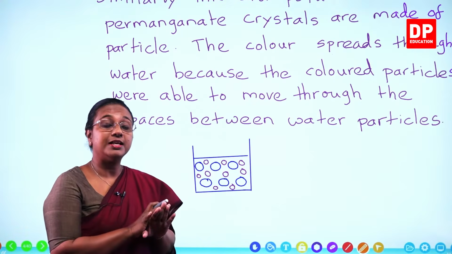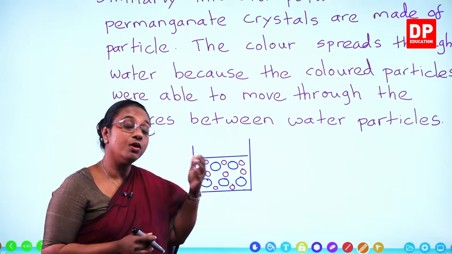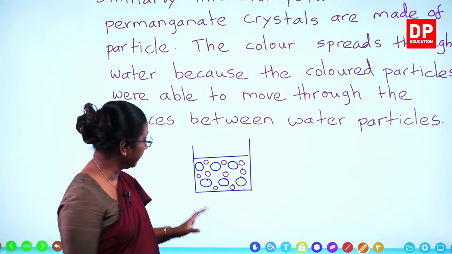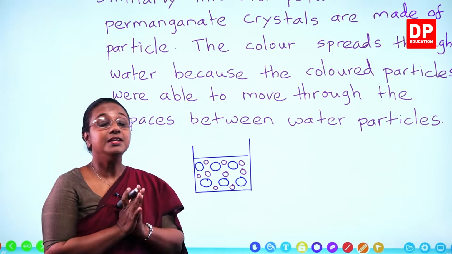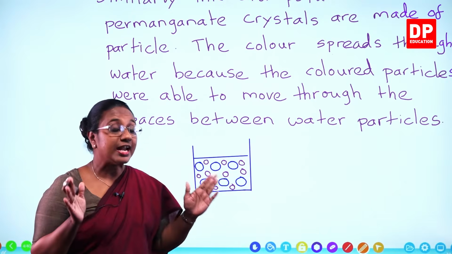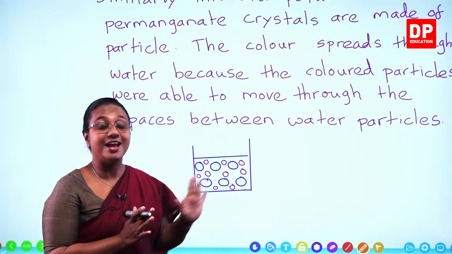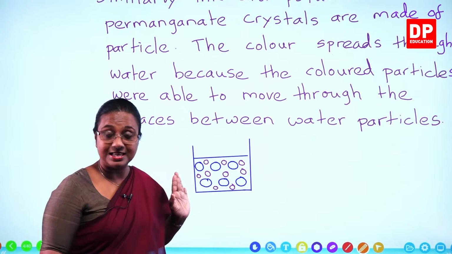So the two types of particles, water particles and the colored ink or potassium permanganate particles, can mix together because they have the discontinuous nature or the particulate nature. So that is what you need to understand from this activity. I am sure you all can get that concept.